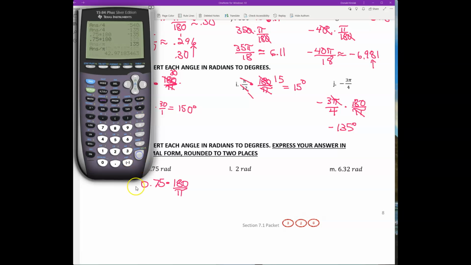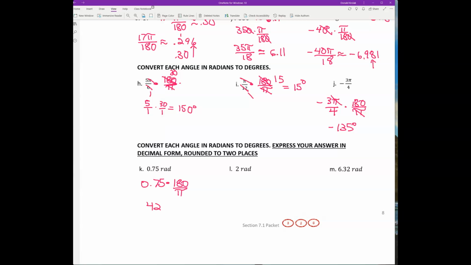And then to 2 decimal places. So I got 42.971. There's my second place. So that 1 says leave that 7 alone.